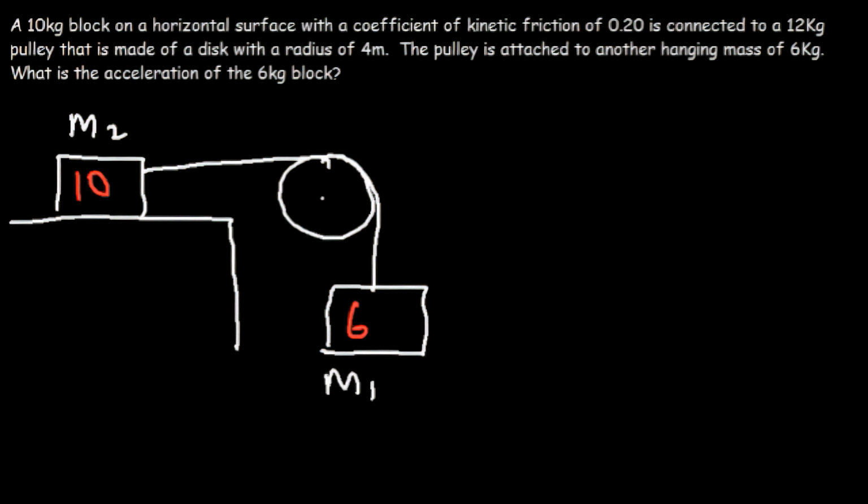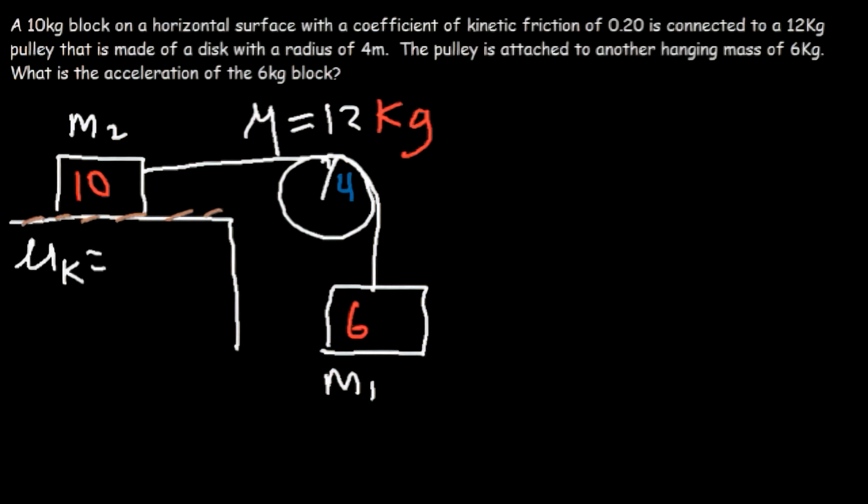Now the radius of the pulley is 4 meters, and the mass of the pulley is 12 kilograms. And we have friction on this horizontal surface, and the coefficient of kinetic friction, mu k, is 0.20. So how can we calculate the acceleration of the 6 kilogram block, or for this entire system?